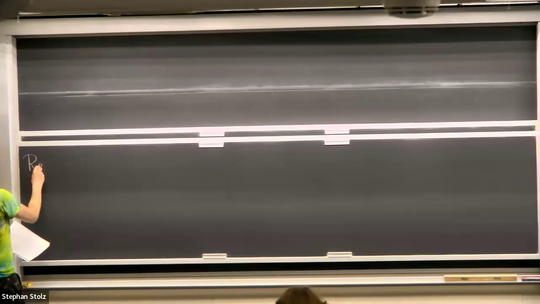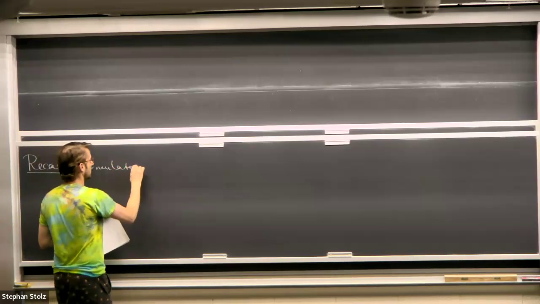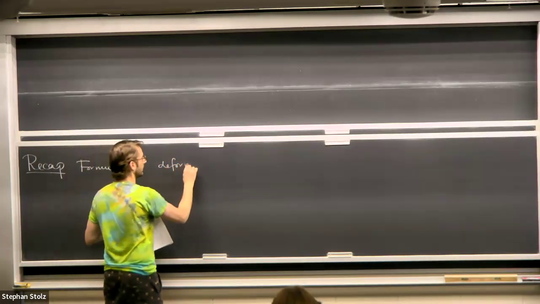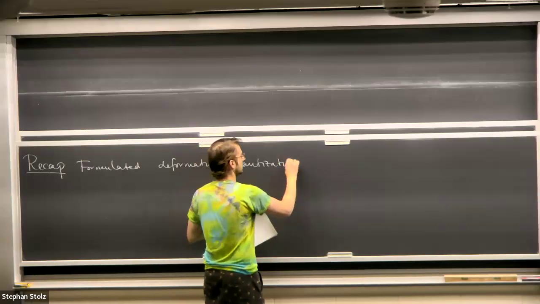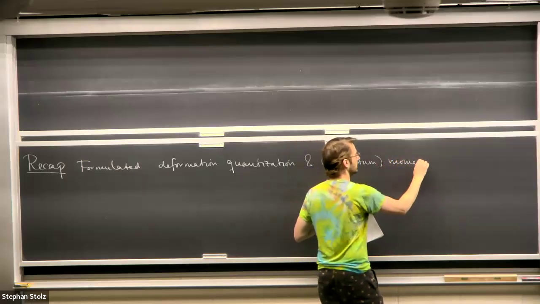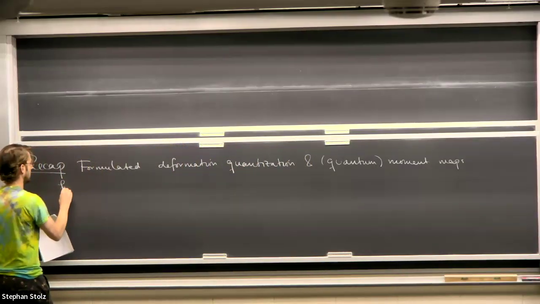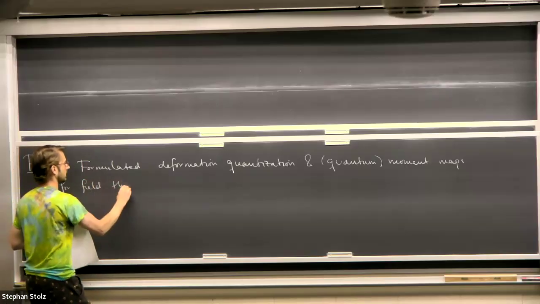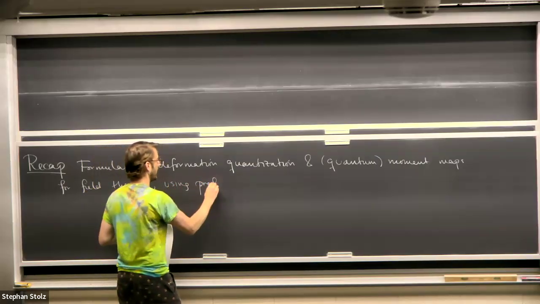Let's quickly recap what we did last time. The goal yesterday was that we formulated a version of deformation quantization and quantum moment maps, no longer for mechanics, but for field theories, using this language of pre-factorization algebras.